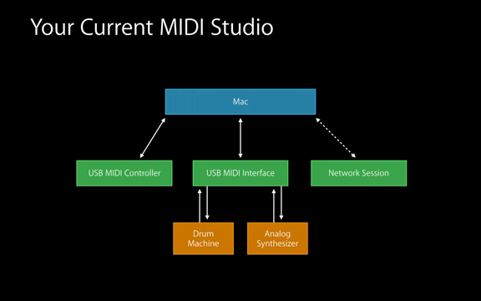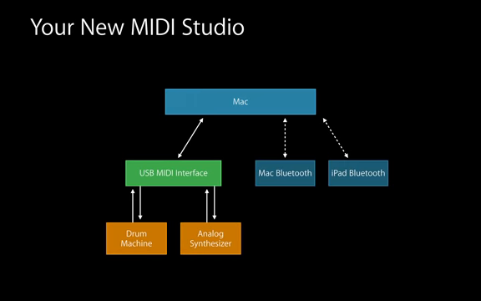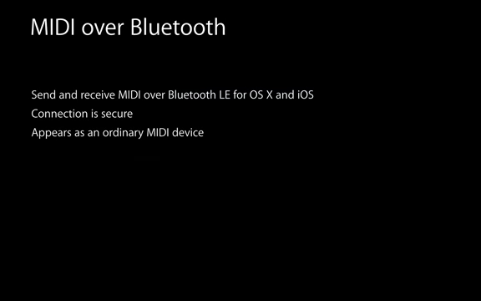Well, beginning in iOS 8 and in macOS 10 Yosemite, your studio can start to look like this. So imagine after making a very quick Bluetooth connection, sitting down on a couch on the other side of the room of your studio and controlling all of your music. That's what you'll be able to do with MIDI over Bluetooth.